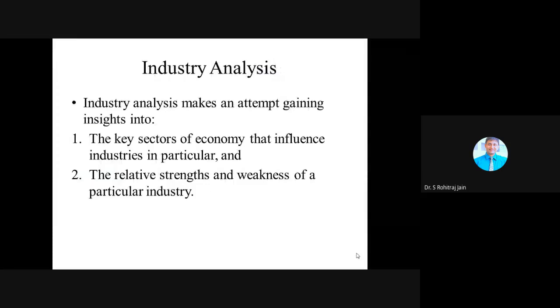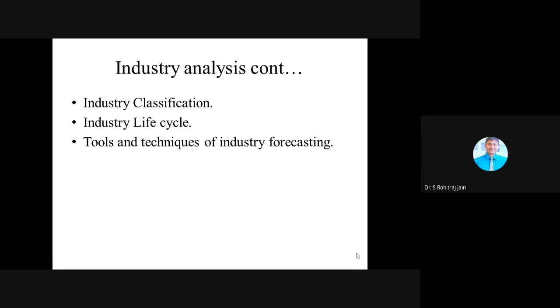That means the key sectors of the economy. Remember, I'm repeating: the key sectors of the economy that influence the industries in particular, and the relative strengths and weaknesses of a particular industry. So the information developed from economic analysis and forecasts will help the analyst to visualize the growth patterns and opportunities of various industries.